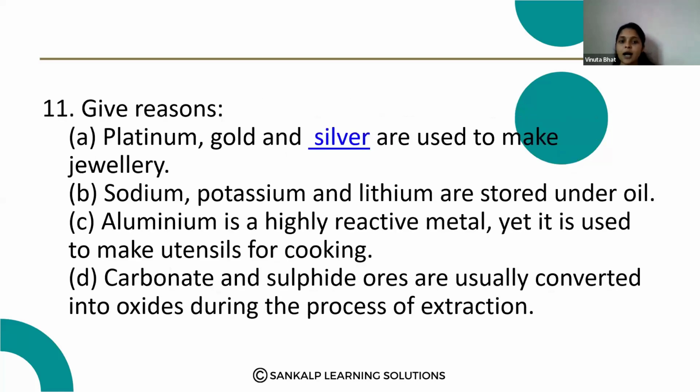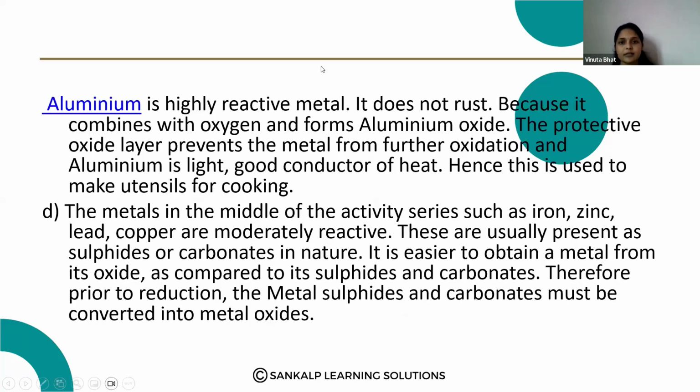Next one. Aluminium is a highly reactive metal and it is used to make utensils for cooking. So what is the reason behind this? Aluminium is highly reactive, but it does not rust, because it combines with oxygen and forms aluminium oxide. The protective oxide layer prevents the metal from further oxidation.